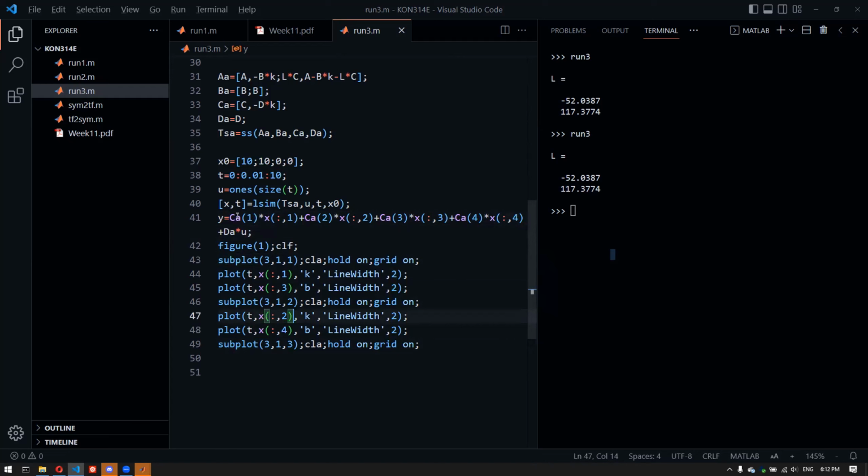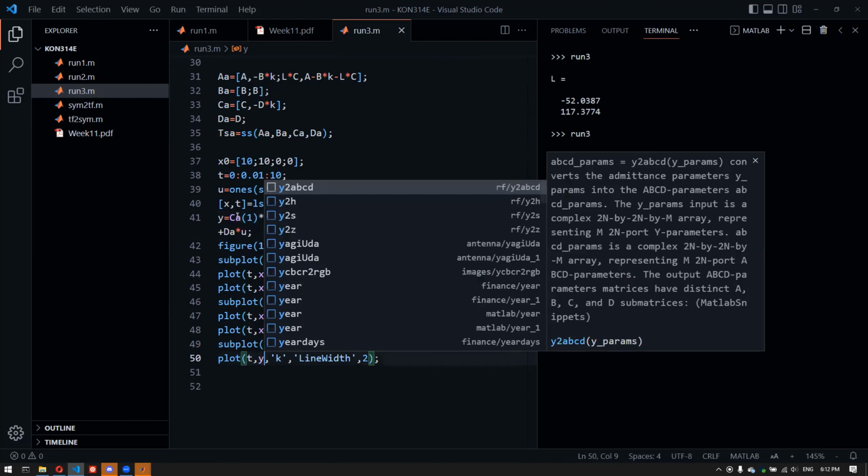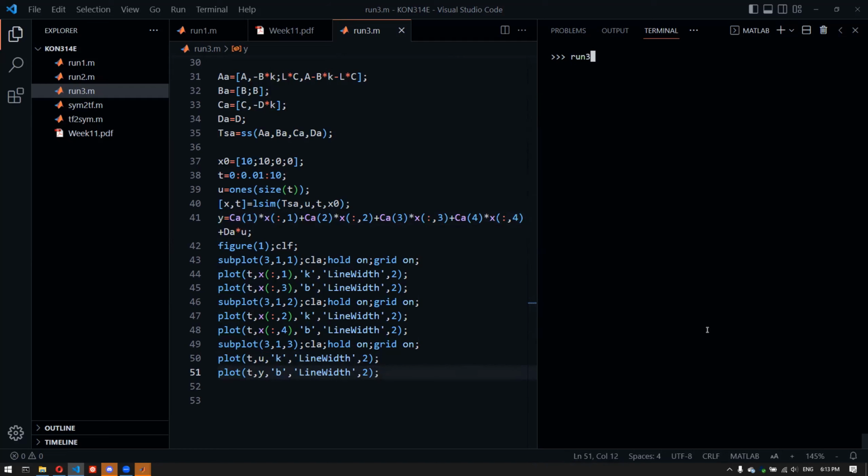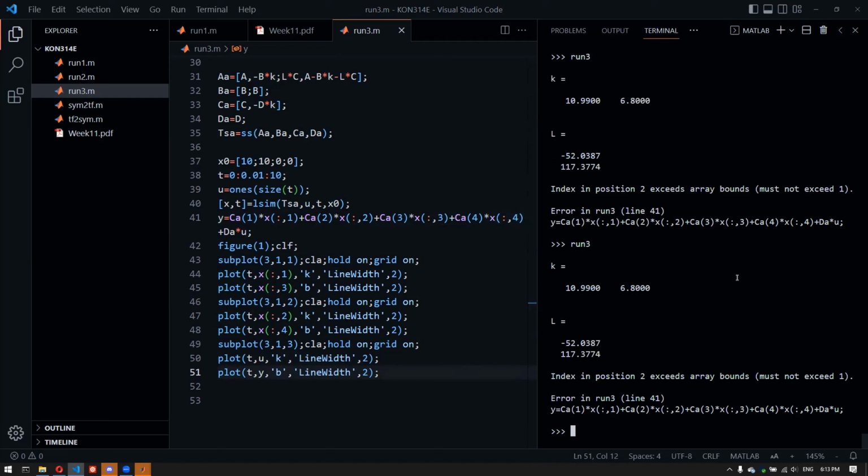And let's have Y as the system output. Yeah. And we can also maybe have the input here to see what's going on. What is the size of X?